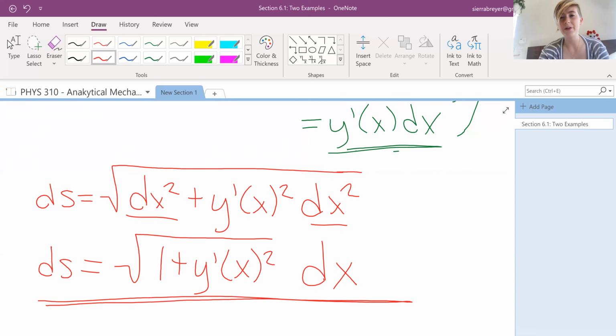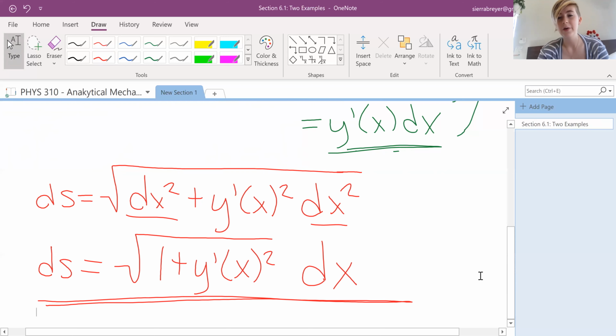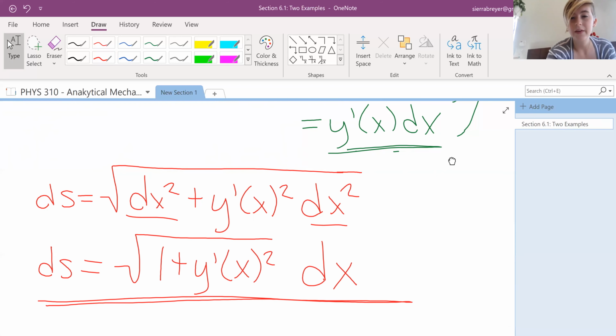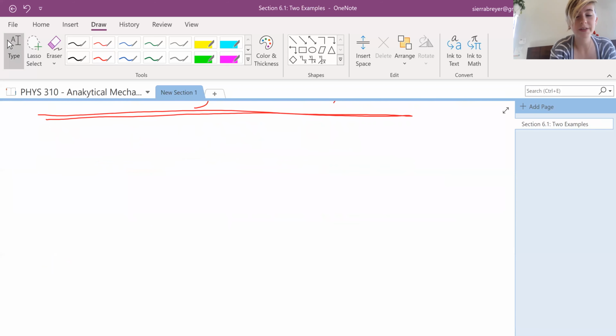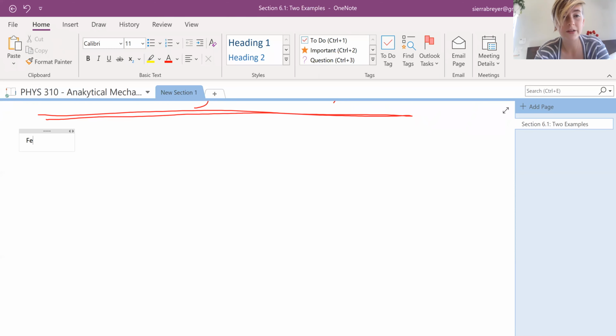Then for the next problem, if we bring that down, it's called Fermat's principle. What this does is it deals with light.